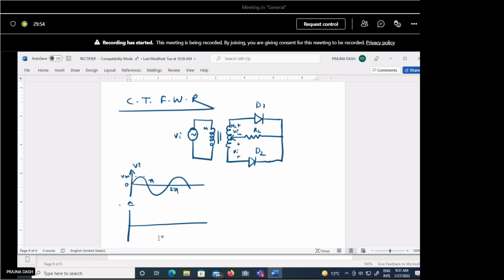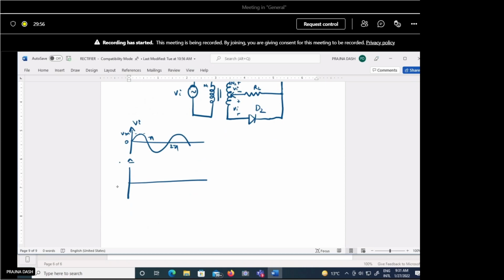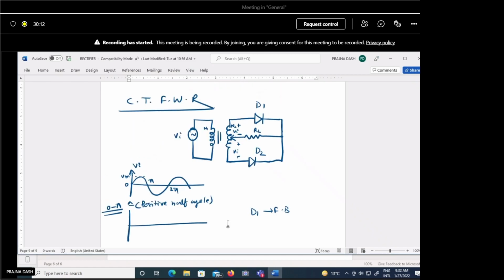So during the positive half cycle, from 0 to pi, D1 becomes forward biased.